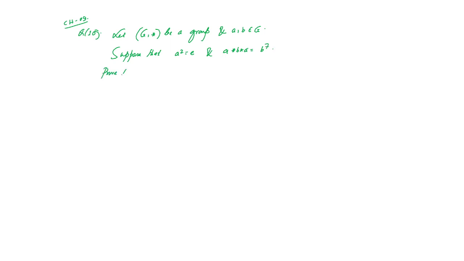Prove that B to the power 48 equals E, where E is the identity element in G. Now we will come to the solution.